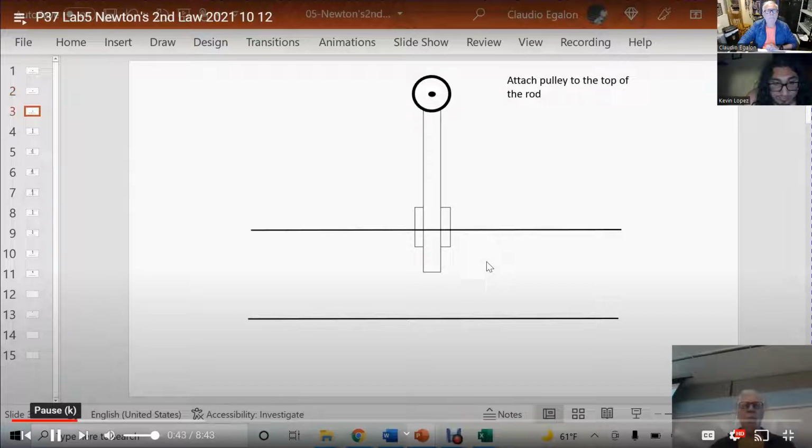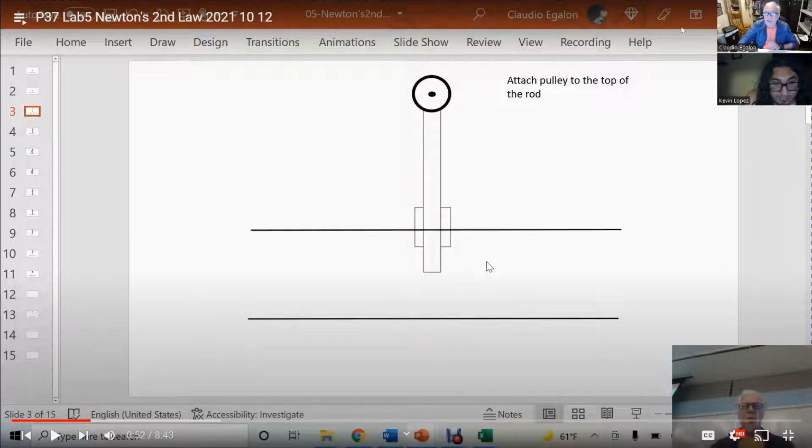And you're going to use a pulley as well, a pulley that can be clamped to the top of the rod. Now we have this pulley, rod, and clamp. This pulley is at a given height, around 1.5 meters. It can go a little bit higher than that, depending on how the students work.